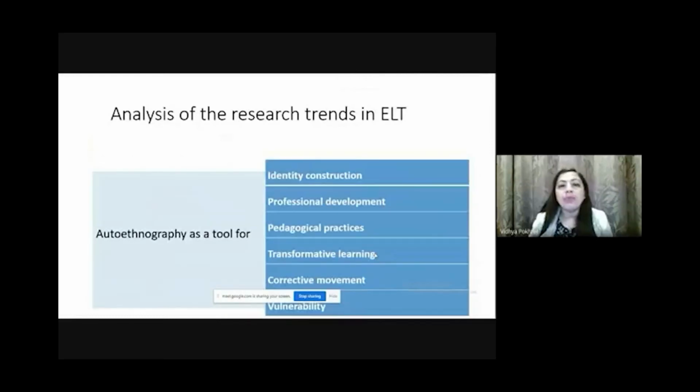So here I have analyzed some of the research studies, and I found that autoethnography has been used in ELT research, and then autoethnography has been mostly used as a tool for identity construction, for professional development, for pedagogical practices, for transformative learning, as a tool for corrective movement, and as a tool for vulnerability.